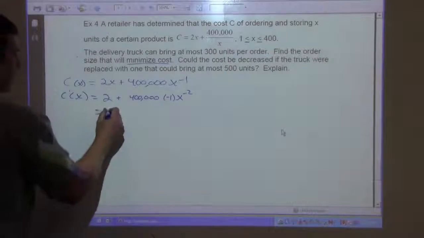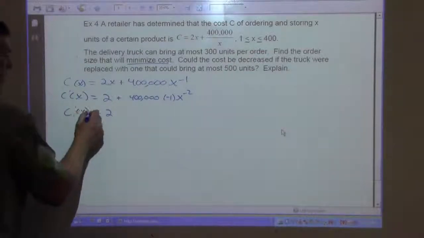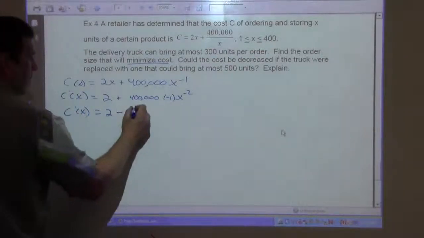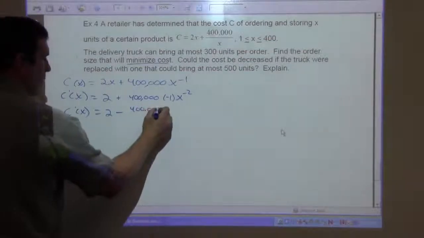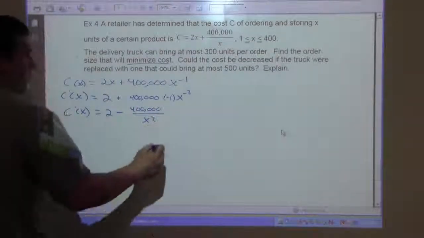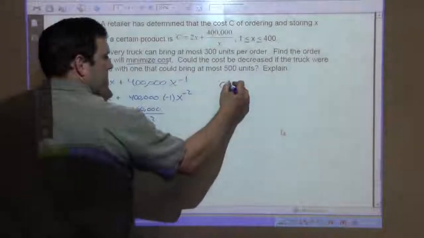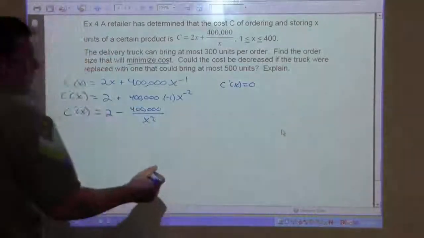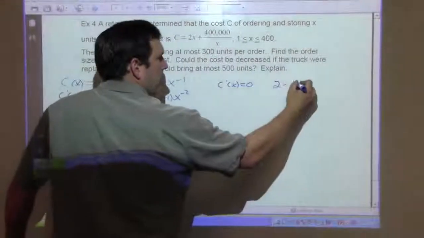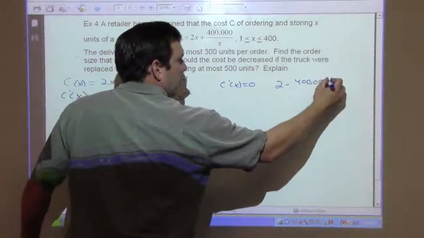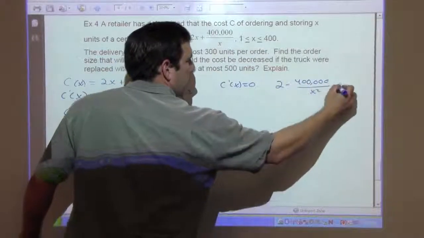So that is 2 minus 400,000 over x squared. So if we set this equal to 0, we'll have 2 minus 400,000 over x squared equals 0.